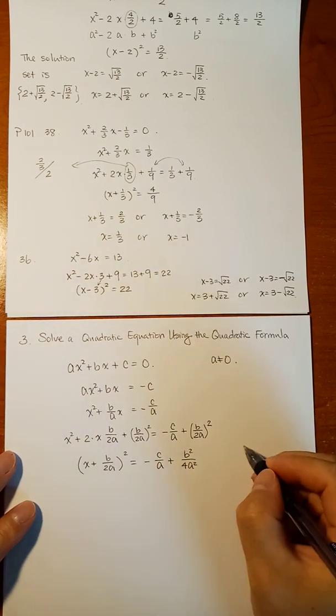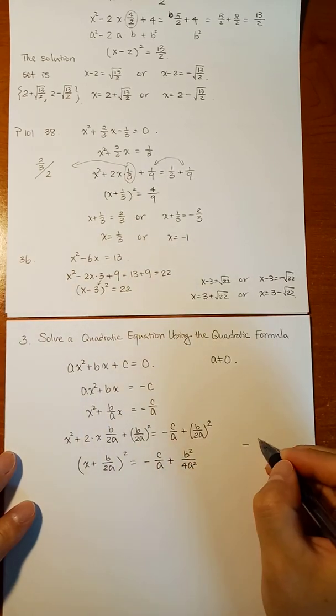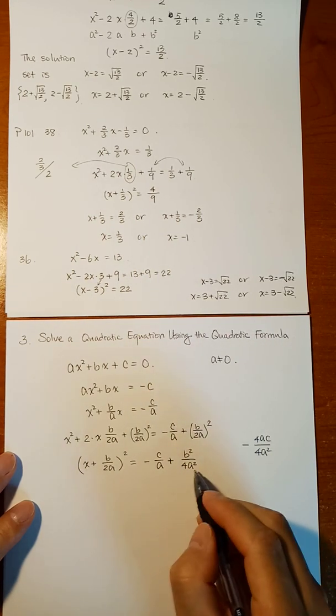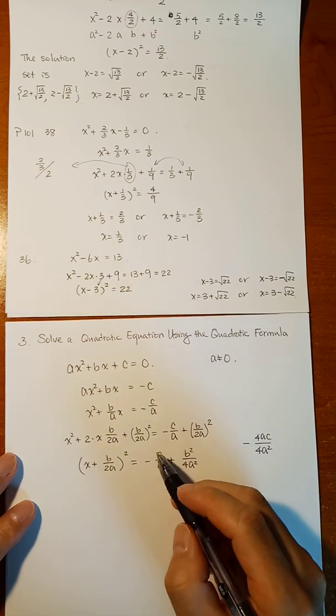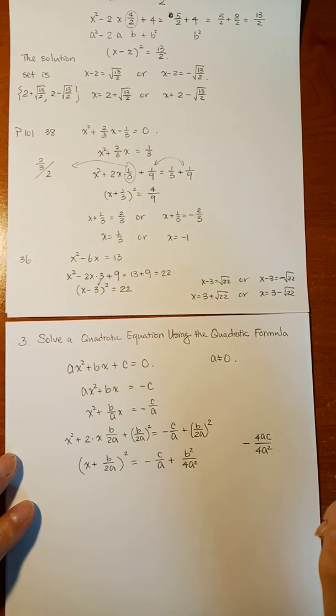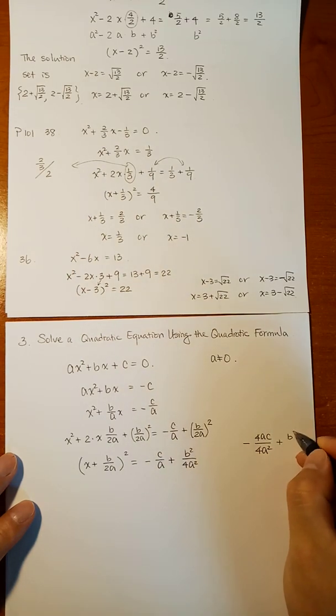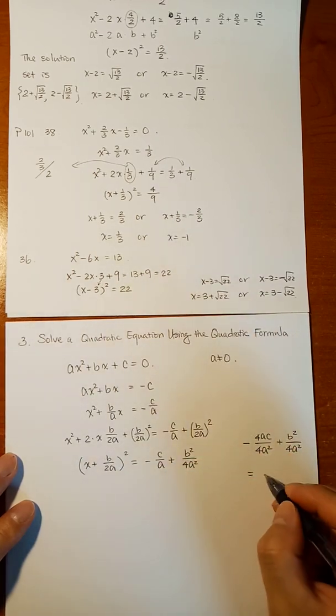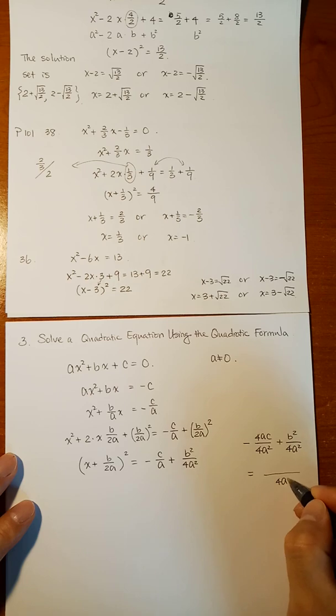And then, let's see, negative c over a is negative 4ac over 4a squared. I'm trying to find the common denominator. 4a squared is the common denominator, so I multiply c over a, top and bottom, by 4a. Then I'm trying to simplify the right-hand side. It's a 4a squared, then this is b squared minus 4ac.